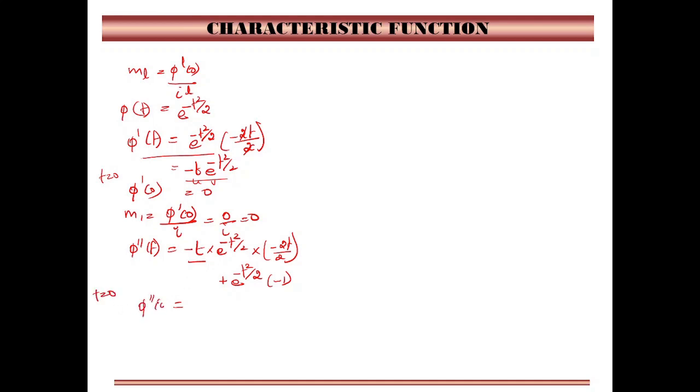Phi double dash of 0: the first term will be 0 and in the second term e power 0 is 1, and 1 into minus 1 is minus 1.